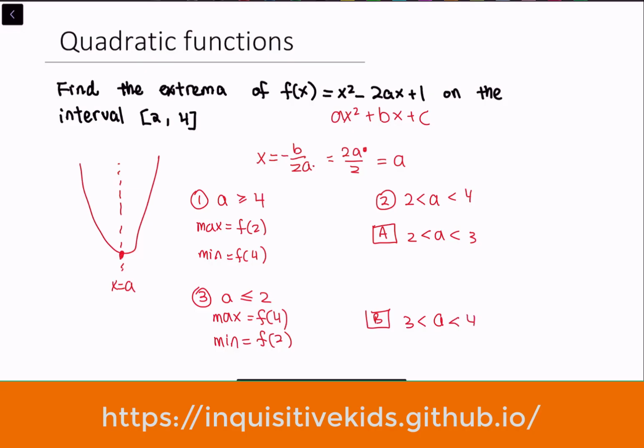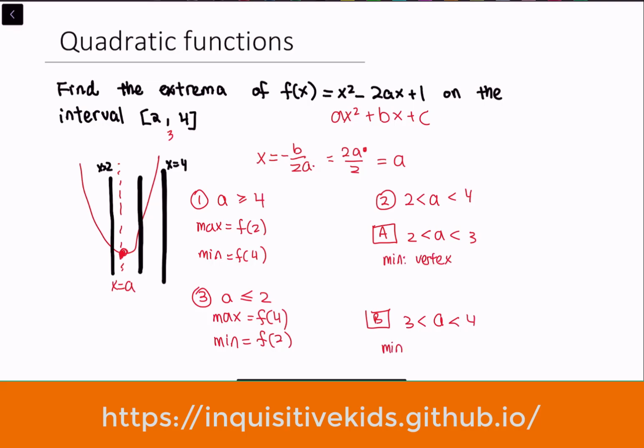Now, why are we saying this? Well, 3 is a number right between 2 and 4. If a is greater than 2 but less than 3, x is equal to 2 is here, x is equal to 4 is here, and this middle line is x is equal to 3. In this case, the minimum value would just be at the vertex.